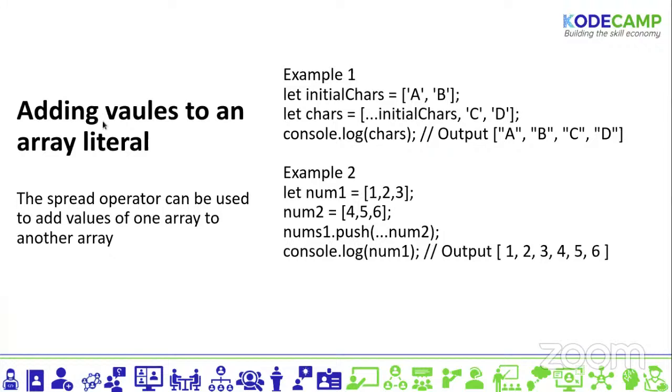So you can use spread to add values to an array literal. So what is an array literal? This declaration here is an array literal because you're literally saying the initial array at the index of 0 should be literally equal to a, and at the index of 1 it should be literally equal to b. So you can actually add characters from this initial characters variable to a new characters variable.